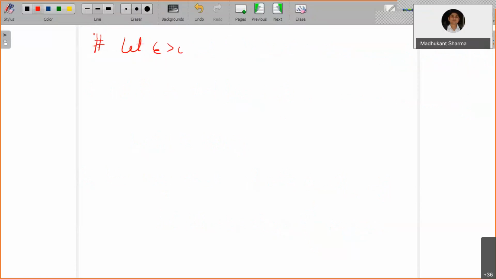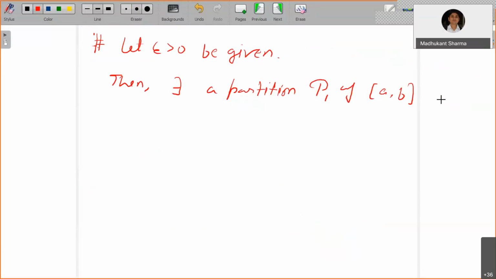Now, if you go back and check the supremum and infimum definitions, let epsilon greater than 0 be given. Then there exists a partition P1 of [a,b] such that L(f,P1) is greater than or equal to L of f minus epsilon by 2, epsilon or epsilon by 2, that's fine.